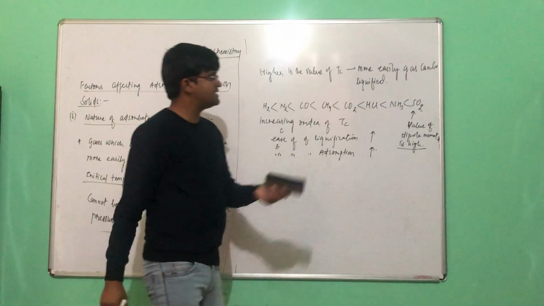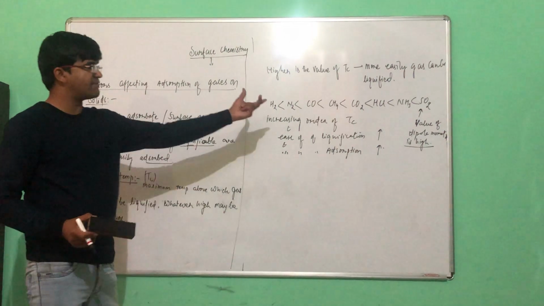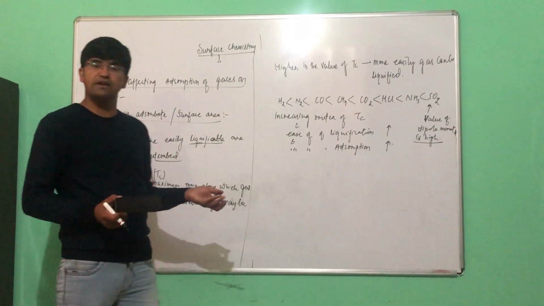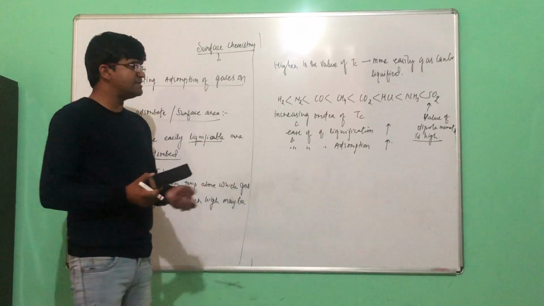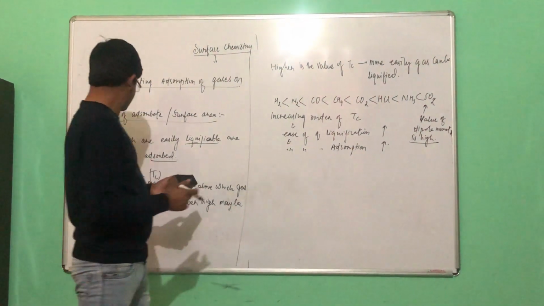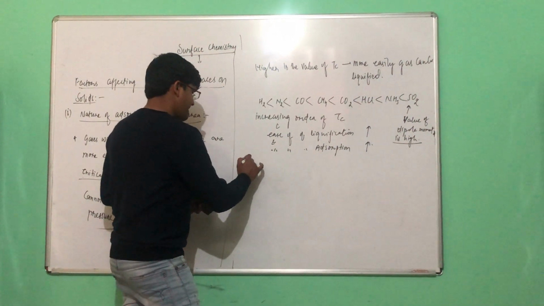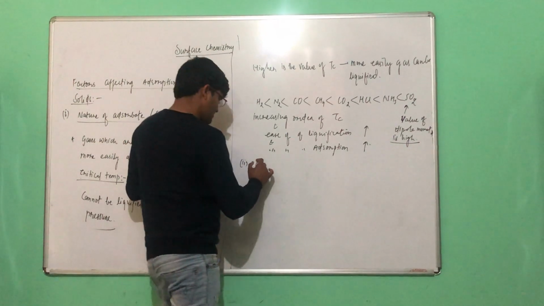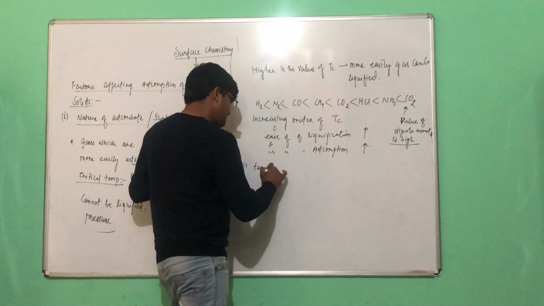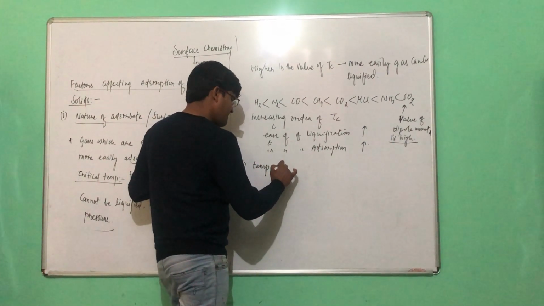That is why these gases are easily liquefied. Even sulfur dioxide gas vapors can be formed in the laboratory. Hence its extent of adsorption will be high. Now second, temperature.